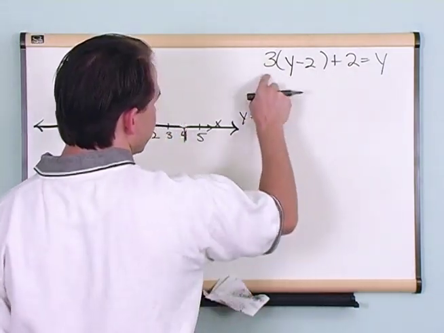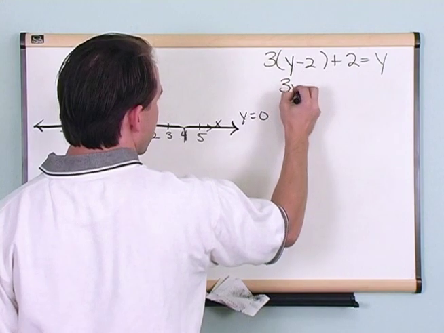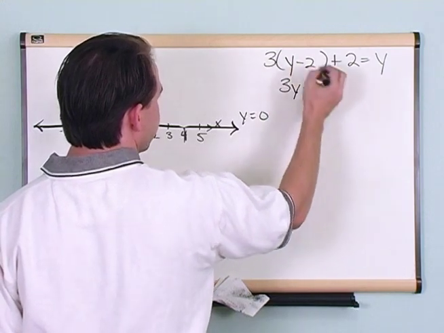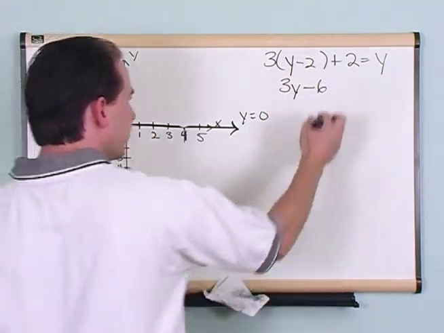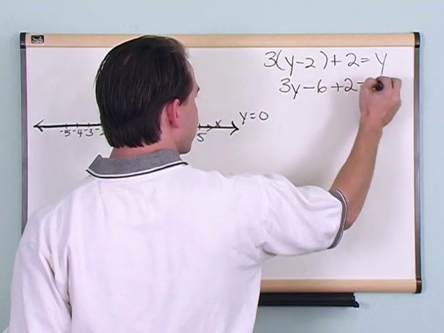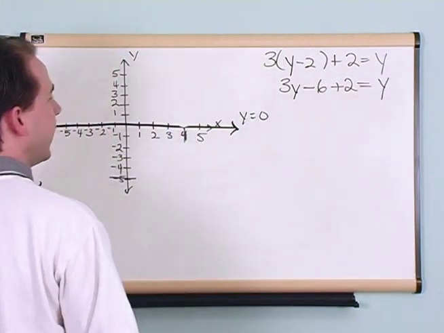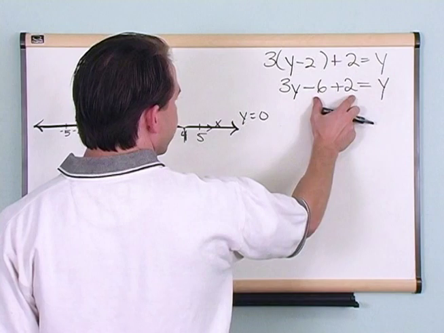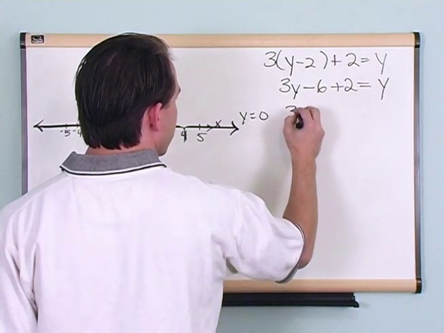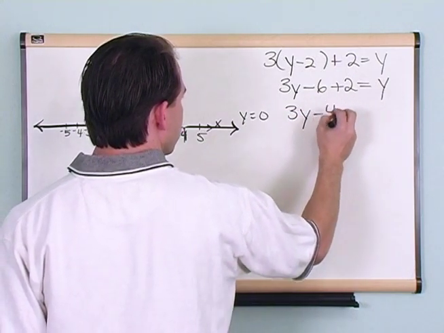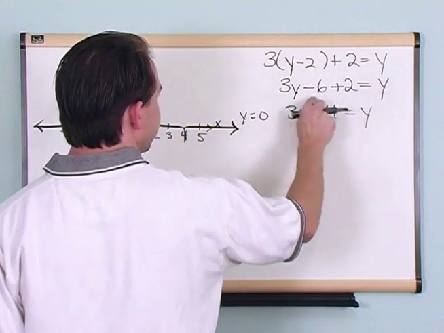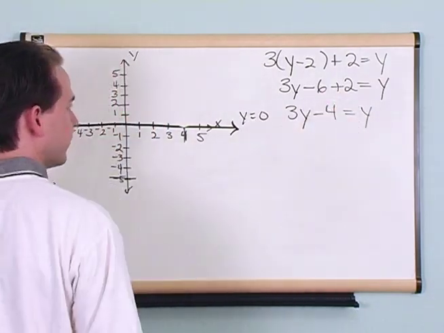So if I have this, I'm going to distribute the 3 in. That's going to be 3y minus 3 times 2 is 6 plus 2 equals y. I can simplify this because these are just numbers. 3y minus 4 equals y. I just added these two together. Negative 6 plus 2 is negative 4.